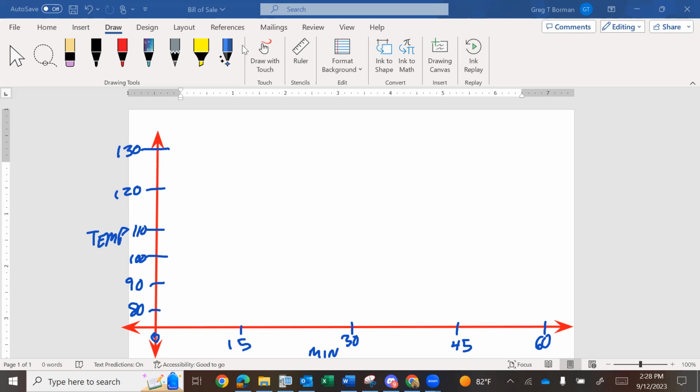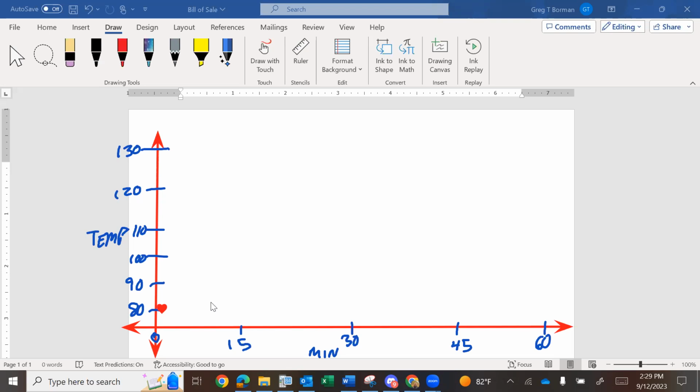Where did that one cool thing go? You know what? It's September, so I'm going to use hearts. Okay. So the first one is at 1 minute, 80 degrees. So 1 minute over is about there, and then 80 degrees Fahrenheit, so about there. All right.